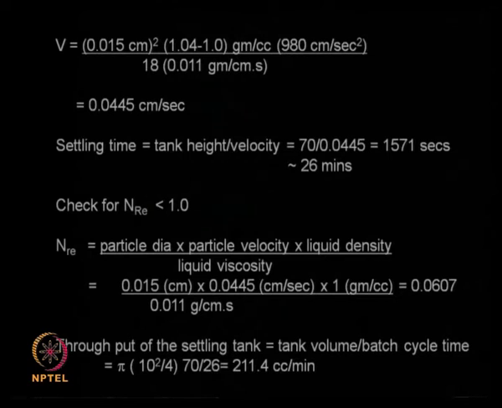Now if the velocity is very high, it may create a turbulence, then the Stokes law is not valid, okay. So we again have the particle size, we have the particle velocity here, we know the liquid density, we know the liquid viscosity. So we introduce all the terms and we find that the Reynolds number is very small, much less than 1. So it is okay for us to use this particular equation, otherwise it is not correct.